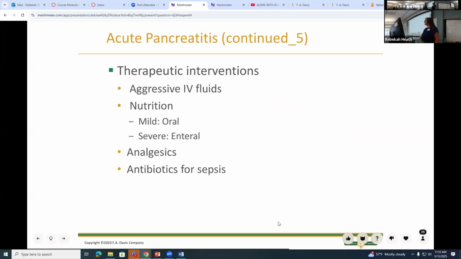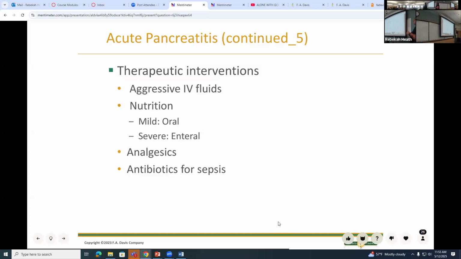How do we treat it? We give aggressive IV fluids because usually these patients do not want to eat. Every time they eat, it stimulates the pancreas to produce more of those enzymes, which then increases the pain as it kind of auto-digests that area there. So they don't want to eat. If it's severe pancreatitis, a lot of times they'll give them enteral feedings. So they'll do like a Dobhoff or some sort of tube feed to give them very easy on the stomach, broken down types of nutrition.